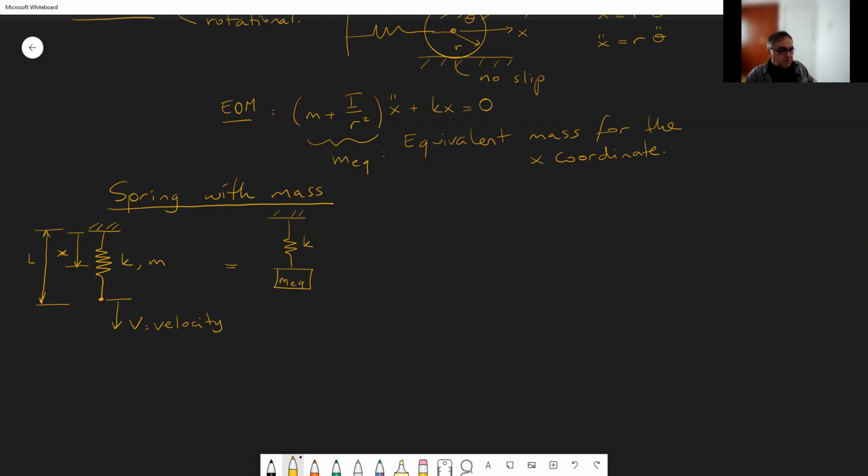What is m equivalent equal to? Is the equivalent mass equal to the mass of the spring? Well, no, because some of the mass does not move at all. Is this equal to m? The answer is no. But what is it then?